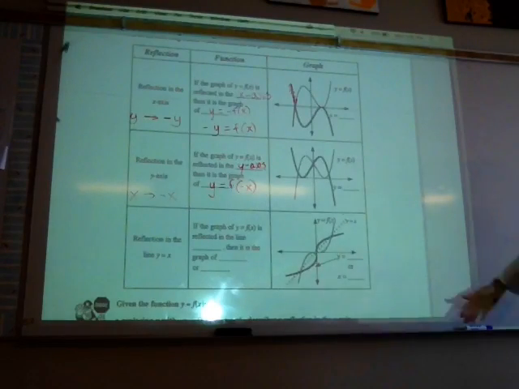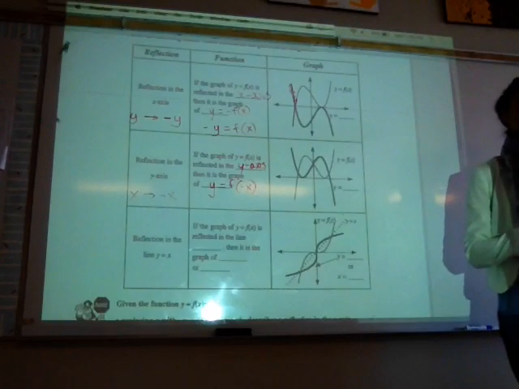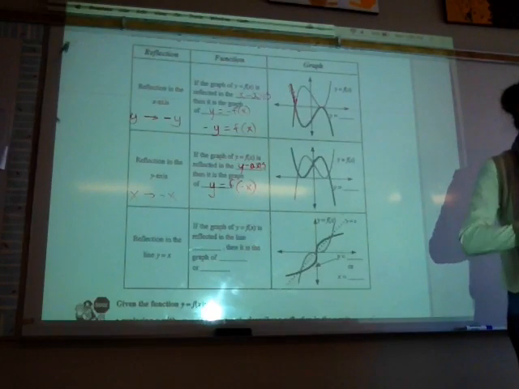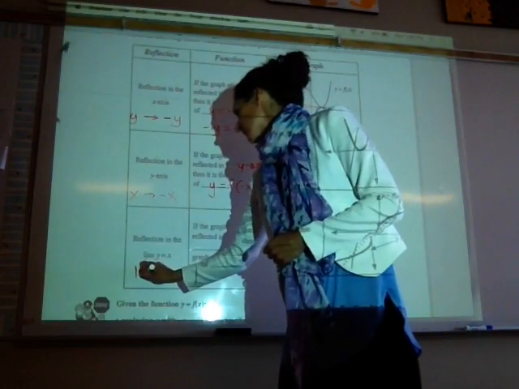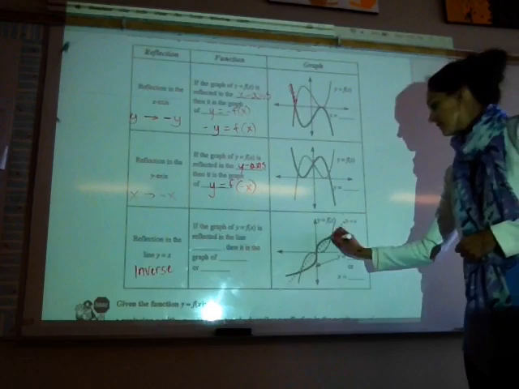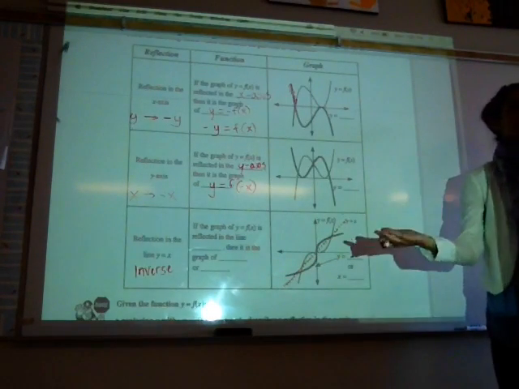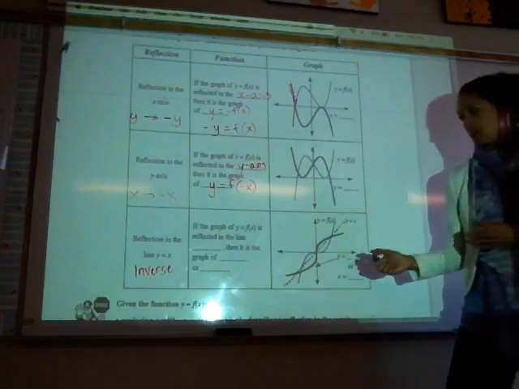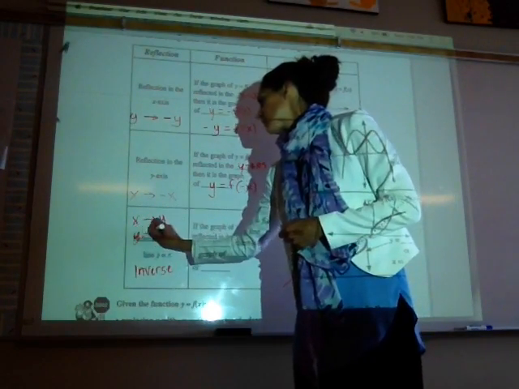Okay, lastly, we have a reflection in the line y equals x, and what's another term we could say for that? Inverse, good. So when we're reflecting in this mirror line, y equals x, basically the x coordinates and the y coordinates exchange. So x goes to y, y goes to x.